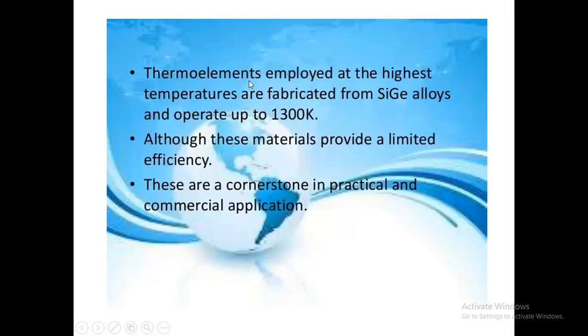The thermoelements employed at the highest temperatures are fabricated from silicon-germanium alloys and operate up to 1300 Kelvin. Although these materials provide limited efficiency, they are constant in practical and commercial application.